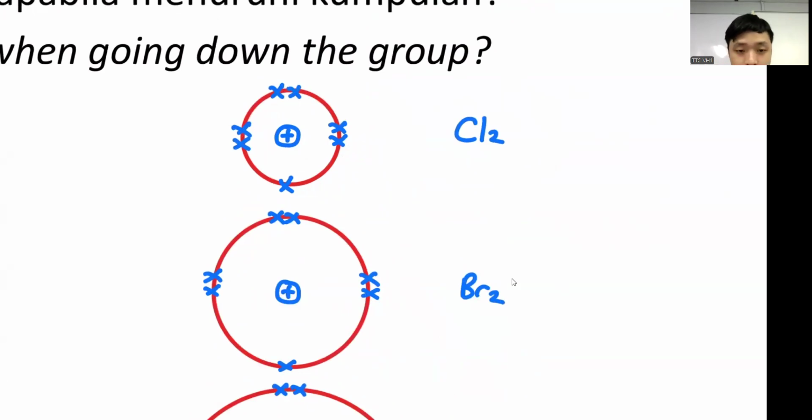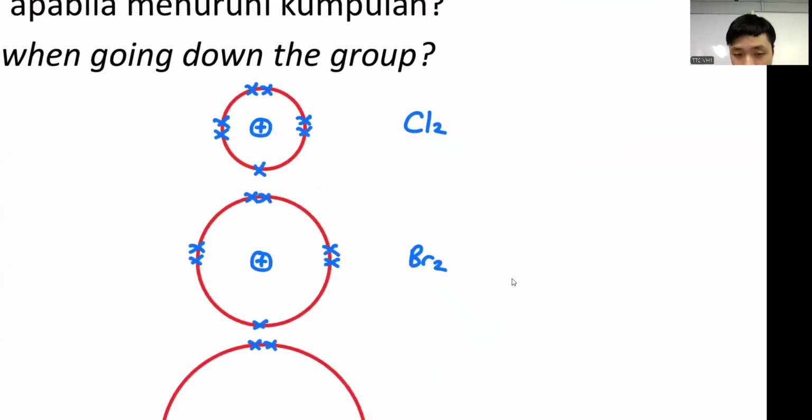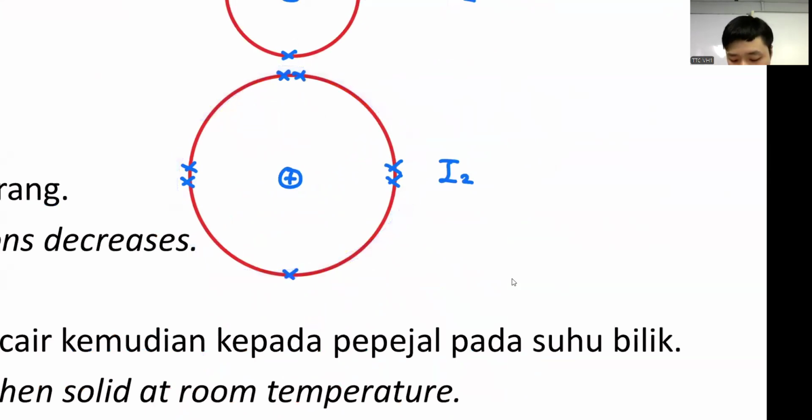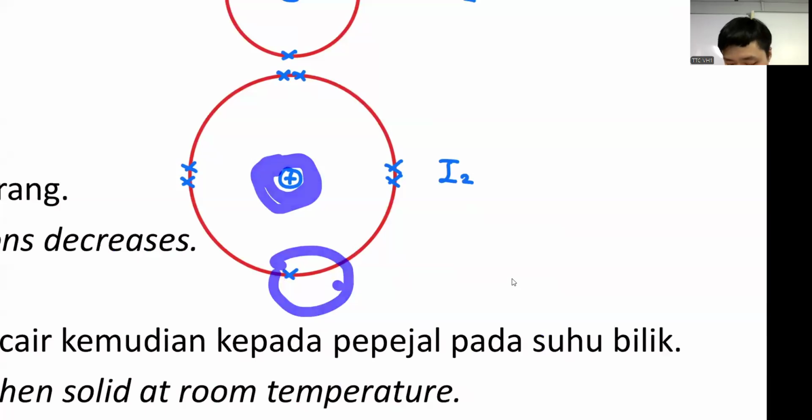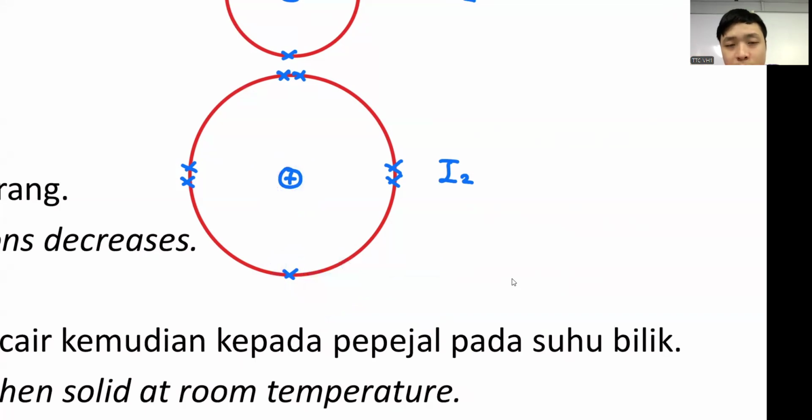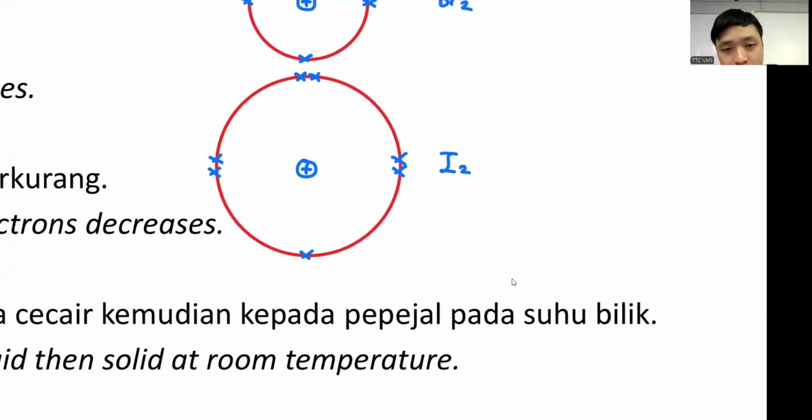Iodine, the size is too big. Too big means the distance between the nucleus and the electron is very far. So if you want to attract one electron, it's very difficult. Sangat susah untuk menarik elektron. 很难吸引 electron.